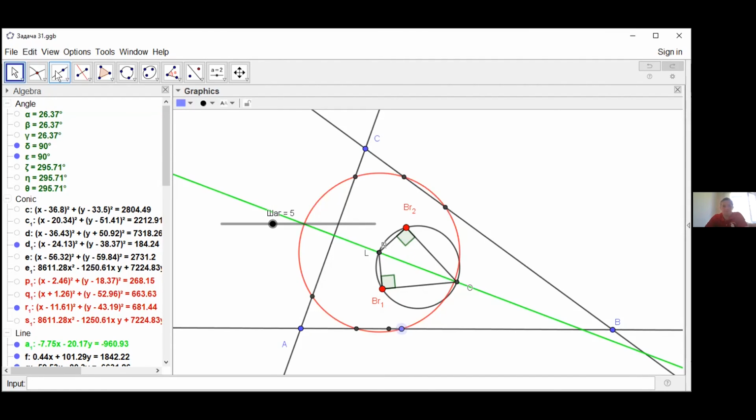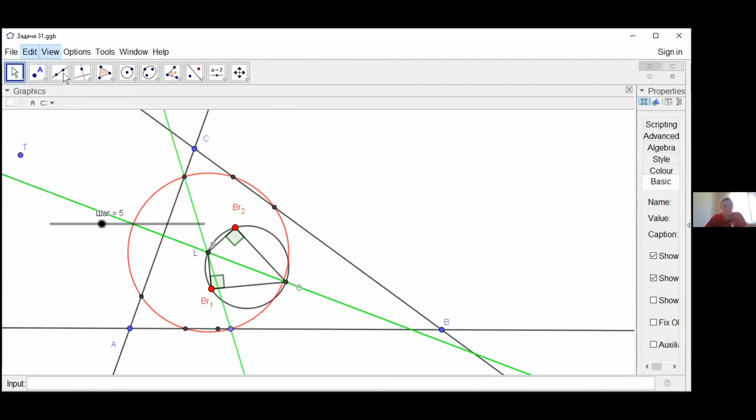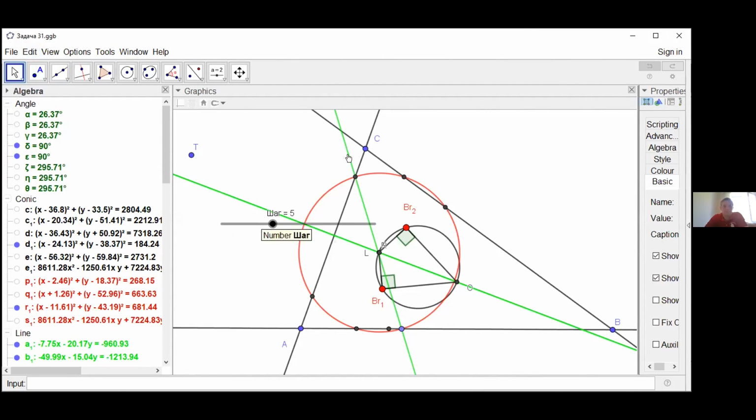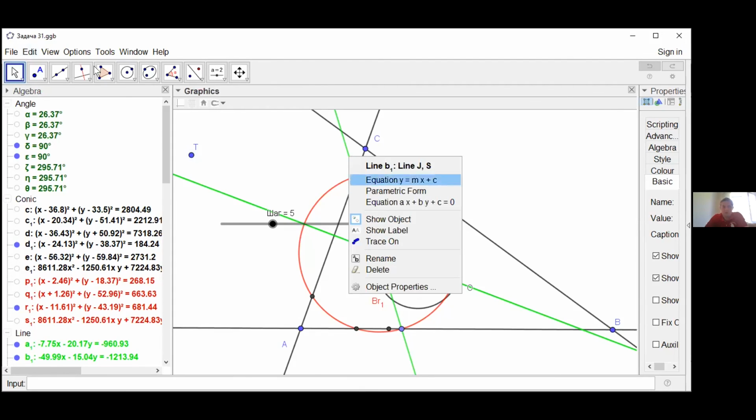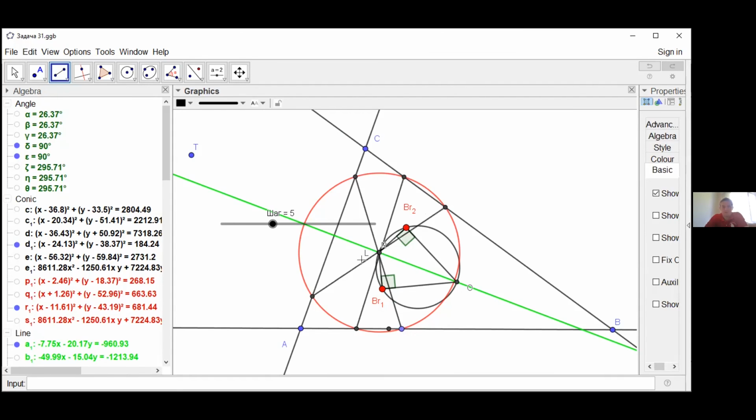In this position, it could be proved that these lines joining points of intersection are diameters, and all these three segments are anti-parallel to the corresponding sides of the triangle.